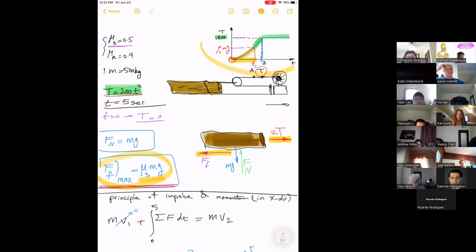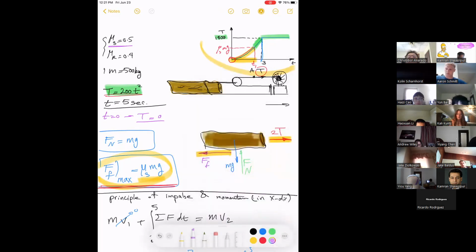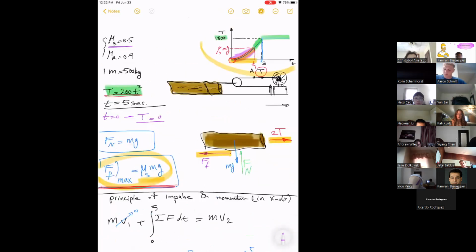Remember, during this interval that I'm going to highlight with light purple pink, things don't move, which means 2T is equal to friction force, right? Whatever you pull, the friction force is the same.